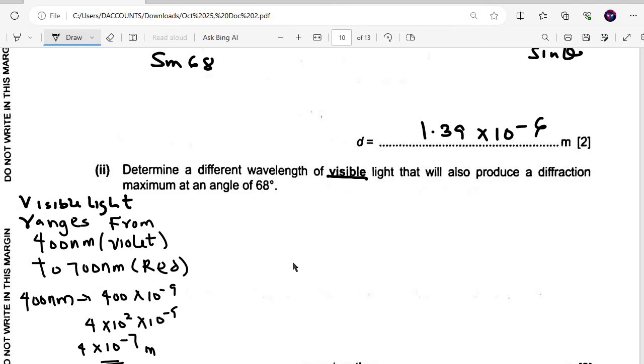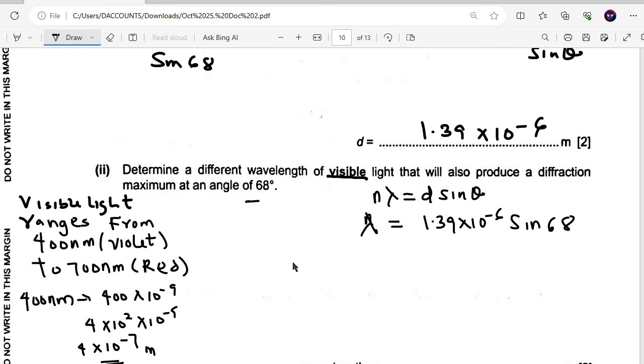Now they want us to get a wavelength with the same angle, so it's the order that will determine it. We know n lambda equals d sine theta, where n is the order. I'm looking for the wavelength. Our spacing is 1.39 times 10 to the power minus 6, with the same angle, sine 68.